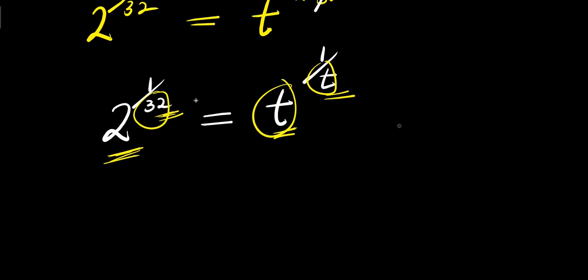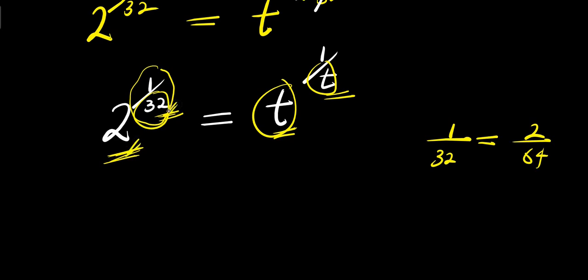So if you copy out this 1 over 32, this can simply be rewritten as 1 times 2, that is 2 over 64. We are doing this in order to ensure that the base and this denominator and the exponent are the same. So you have 2 power 2 over 64. This is the equivalent fraction of 1 over 32.